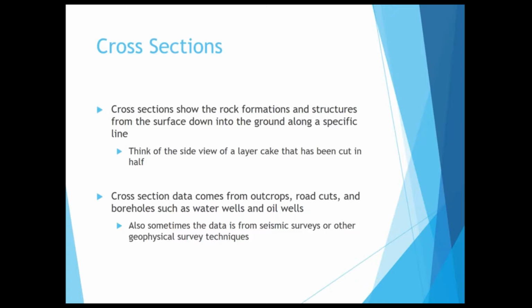Cross-section data can come from outcrops, from road cuts, and from boreholes such as water wells and oil wells. Sometimes they use seismic survey data and other geophysical survey data. And then the geologist takes all of that and creates a cross-section.